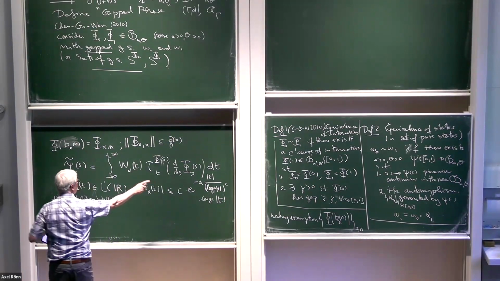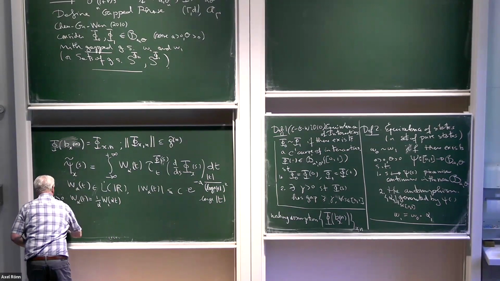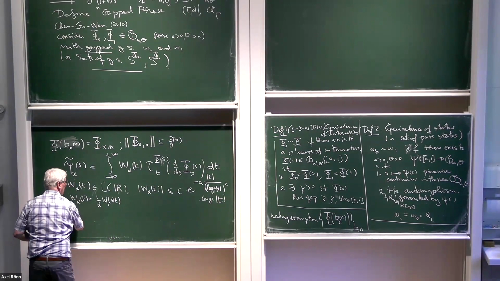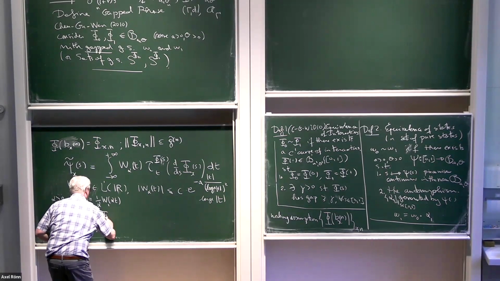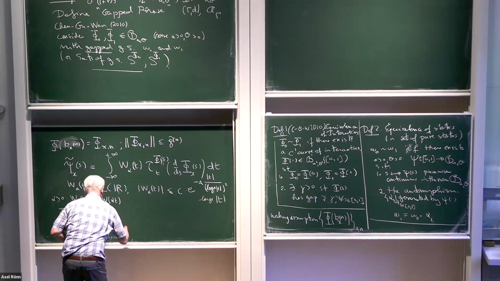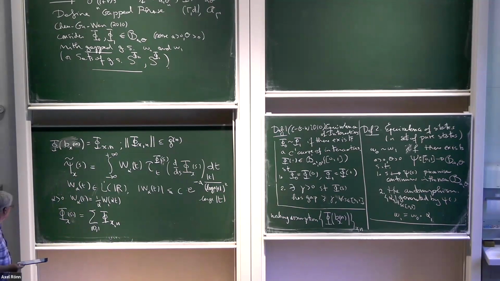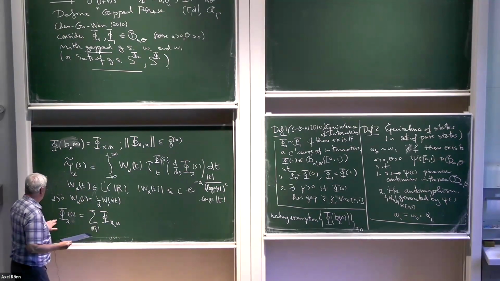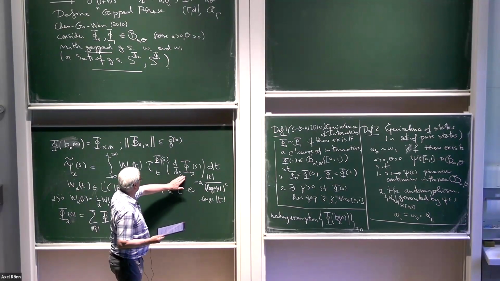Oh, I did not introduce phi of x yet. So phi of x, s is the sum over n of the phi x, n's. And because they decay rapidly, this converges absolutely to some bounded thing with rapid decay, well localized.